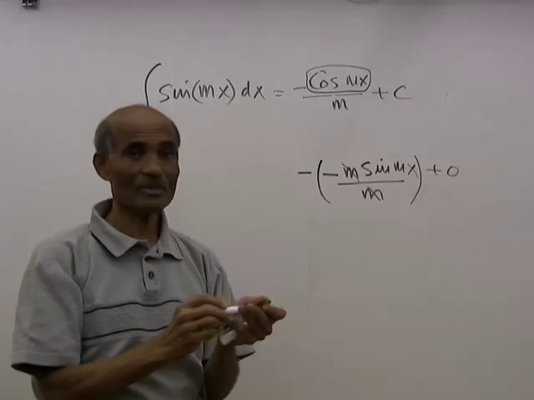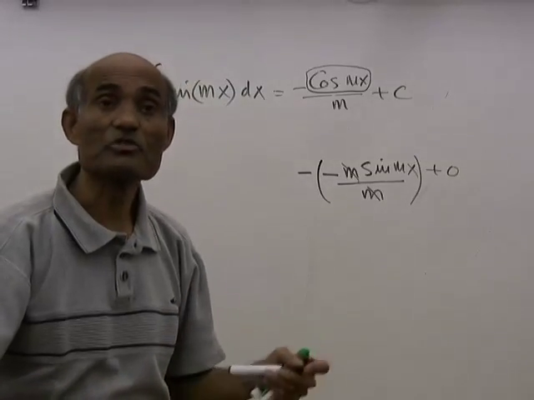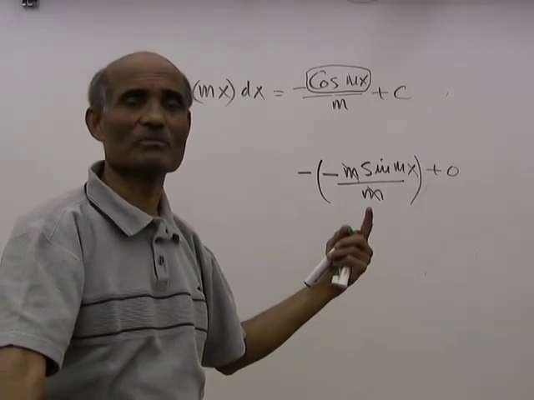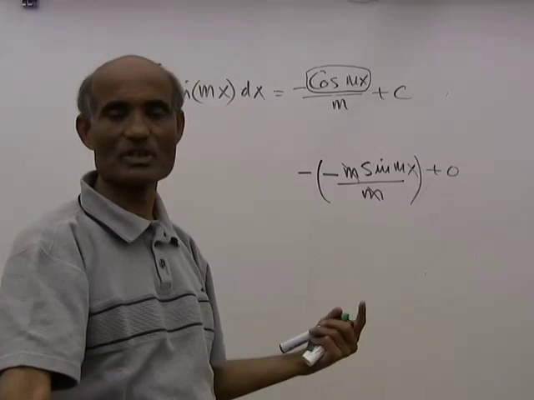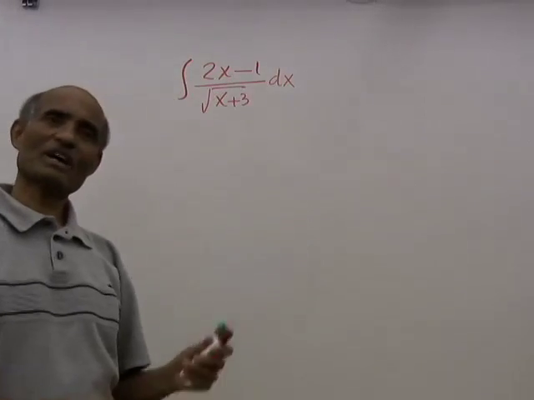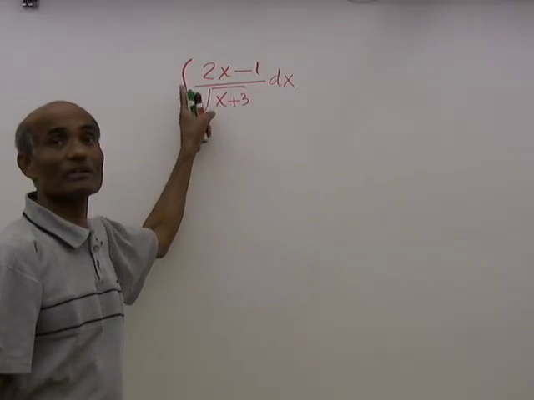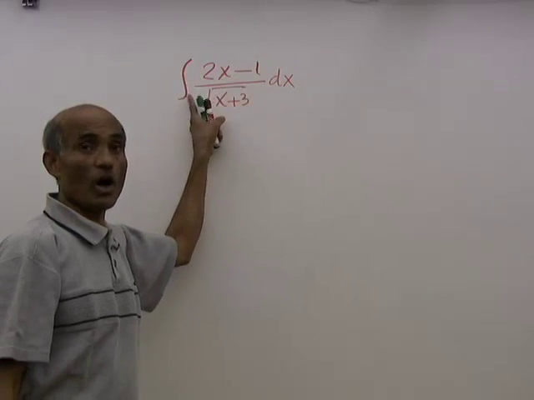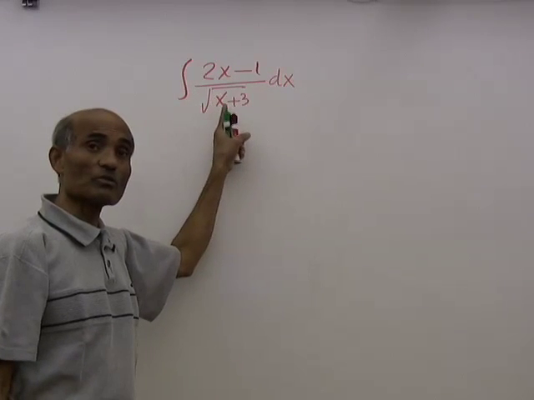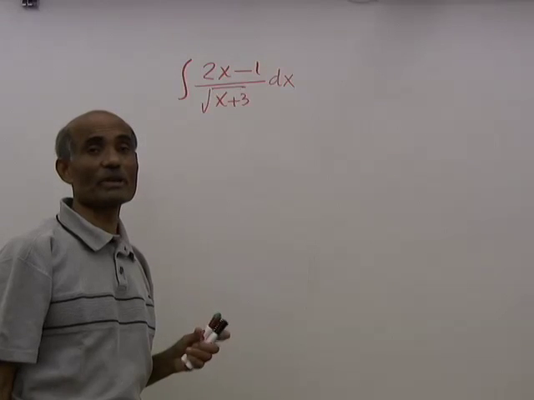Okay, so those are things you must write down and learn, some of those basic integration rules. All right, try this one. The integral of 2x minus 1 over the square root of the quantity x plus 3 dx.